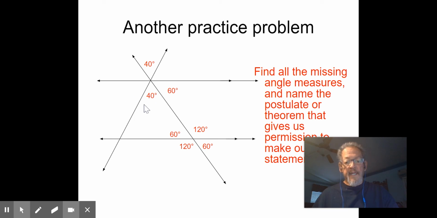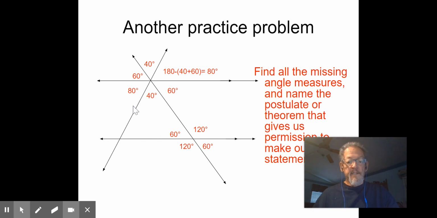You know, this would have to add up to 180. You have 40 and 60, which is 100. So this one will probably be 60. This one also, vertical angle. 180 minus 40 plus 60. Oh, it's 80. So this would be 80, that would be 80.